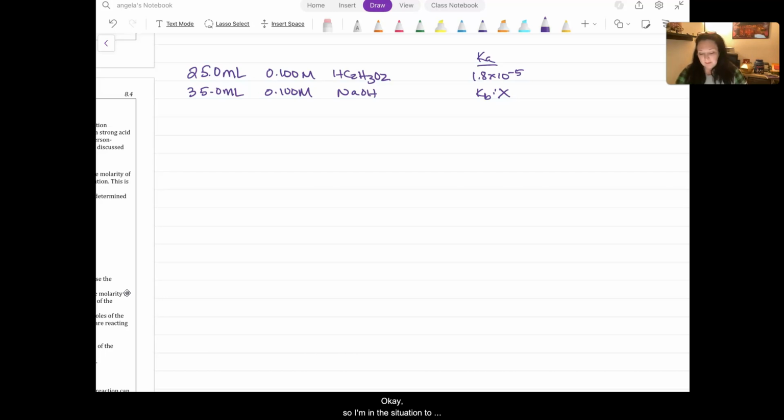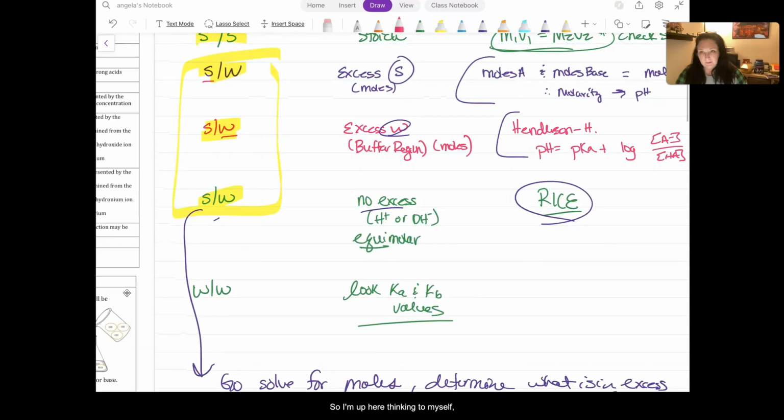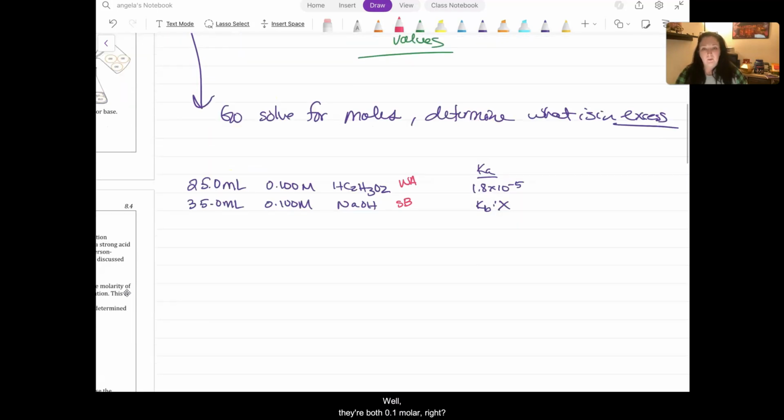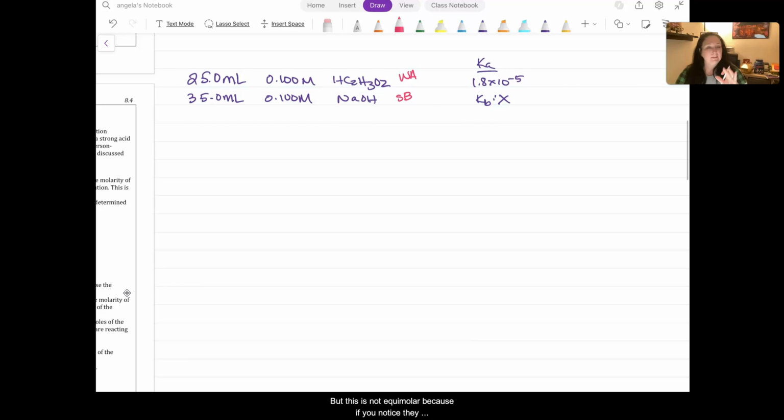Okay, so I'm in the situation where I'm quickly assessing. I have a weak acid and I have a strong base. So I'm thinking to myself, okay, I have a strong-weak scenario, one of these three. Well, I have to figure out if I have someone in excess or am I dealing with equimolar? Well, they're both 0.1 molar, right? But this is not equimolar because if you notice, they have different volumes of each.